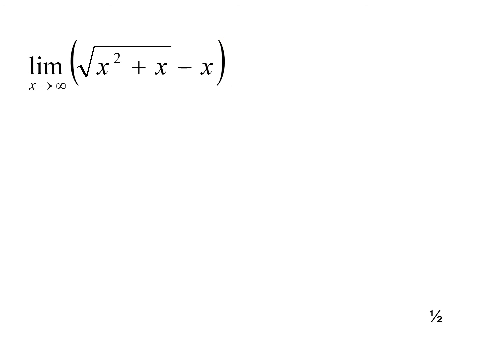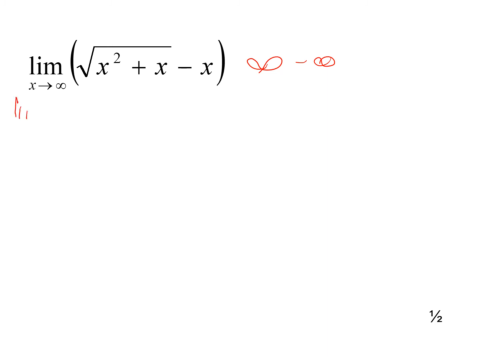This is another fun problem. We have the limit as x approaches infinity of the square root of x squared plus x minus x. As this goes towards infinity, we can see that this is going to give us infinity minus infinity, which is indeterminate. So what should we do here? Well, let's multiply by the conjugate.